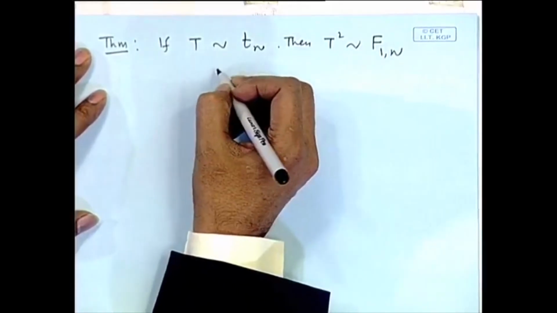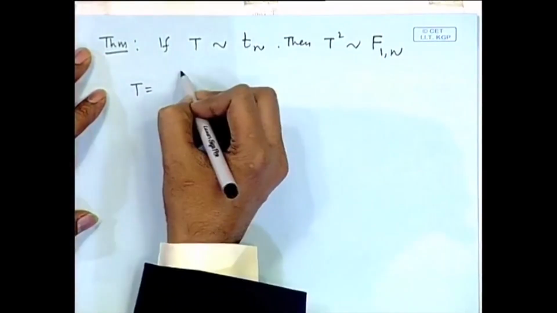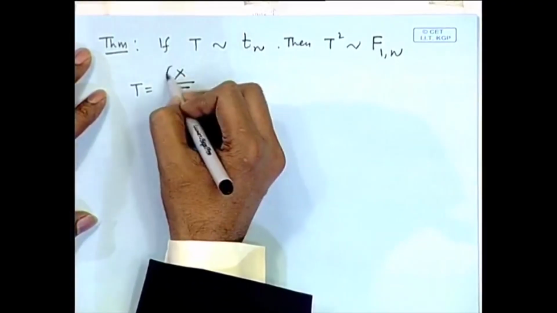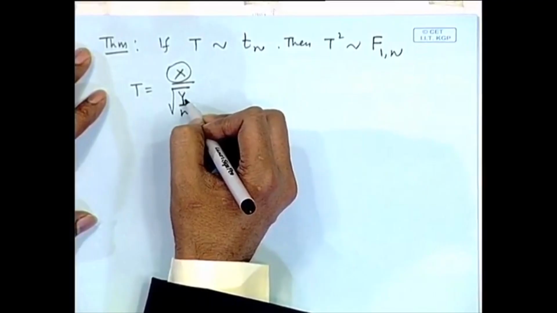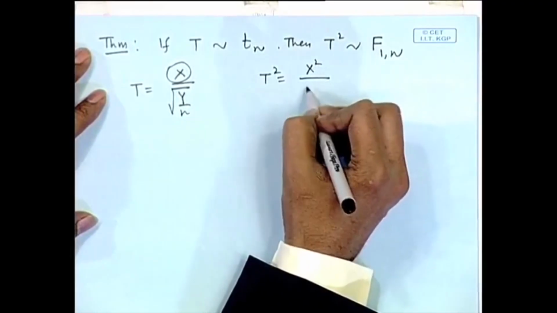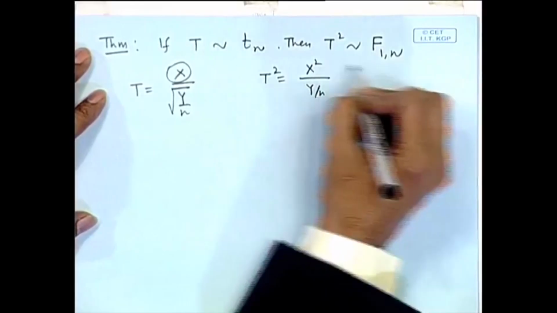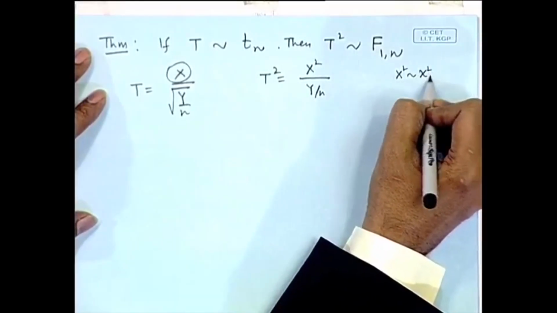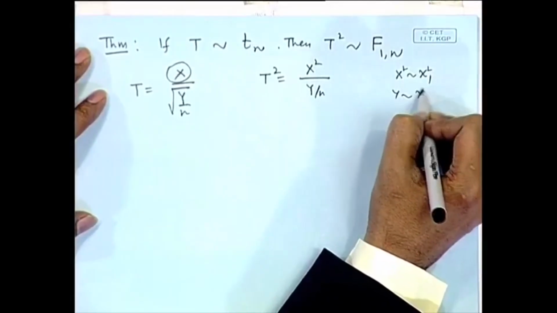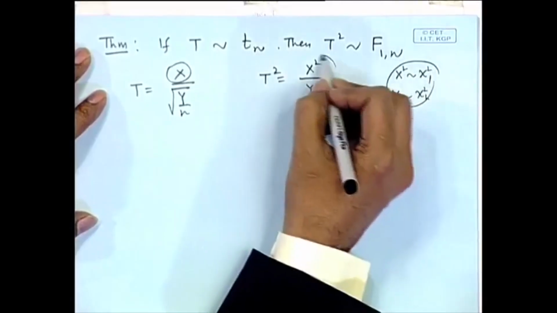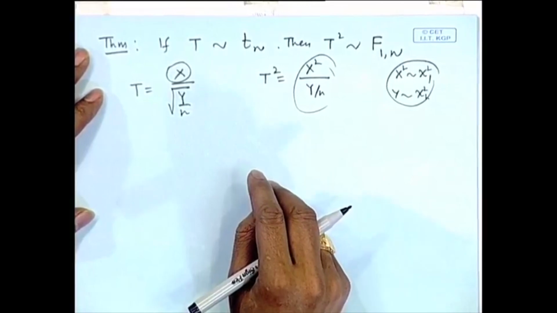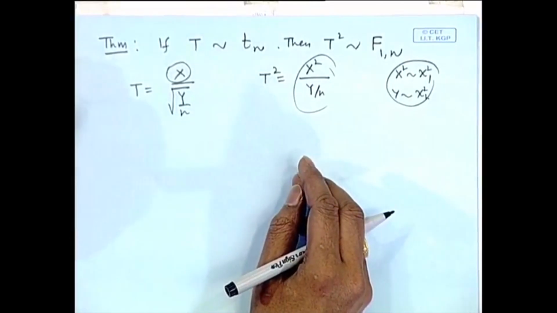However, one can look at an easy representation. See, we can write t as x divided by root y by n, where x is a standard normal and y is a chi square variable. So, if I look at t square, that is x square by y by n. Now, this x square will be chi square on 1 degree of freedom and y will be chi square on n degrees of freedom. So, this is nothing but the definition of an f variable on 1 and n degrees of freedom.